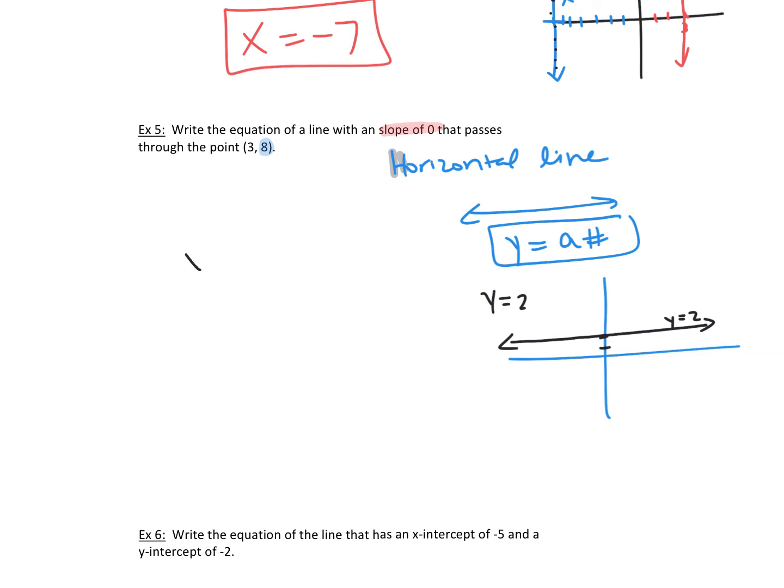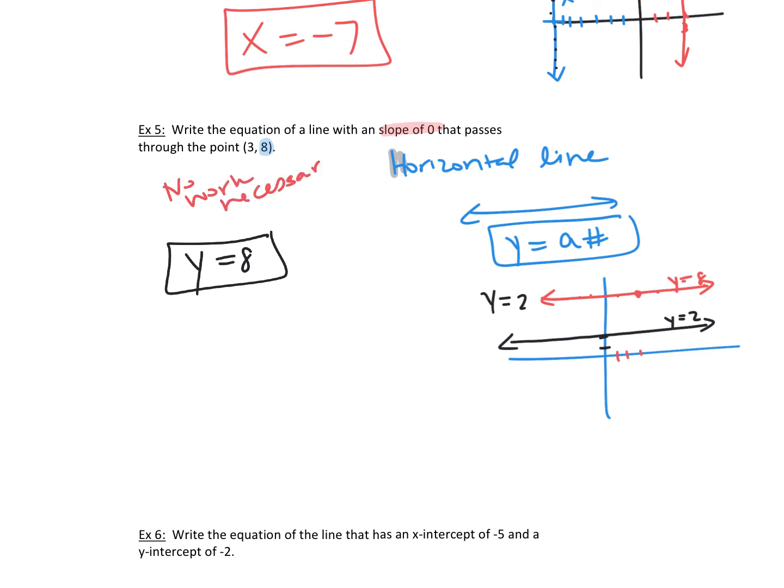I'm going to say, oh, so the equation is y equals 8. Because, again, y equals 8 would be like up here somewhere. And the point 3, 8, 1, 2, 3, 8 would be on that line. Every point on that line has the same y coordinate, which is 8. So again, no work necessary. You just write the equation of that line.